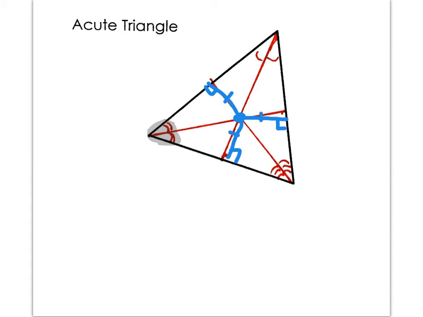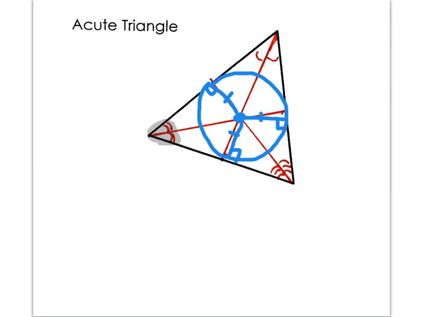If you think of that as the spokes on a tire, I'm going to try my best to draw a circle here. This would be the tire. It would be a circle that we say is inscribed inside the triangle. So one of the facts about the incenter is that it is the point that is equidistant to all three sides of a triangle. It is the center of the inscribed circle. Okay.